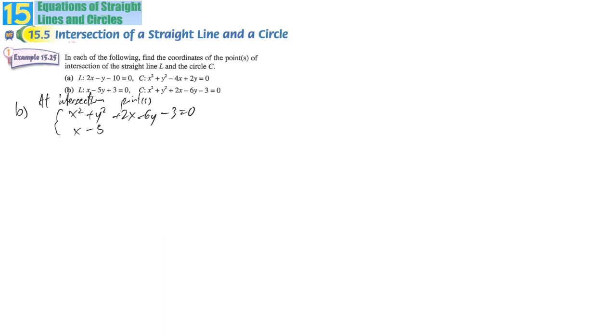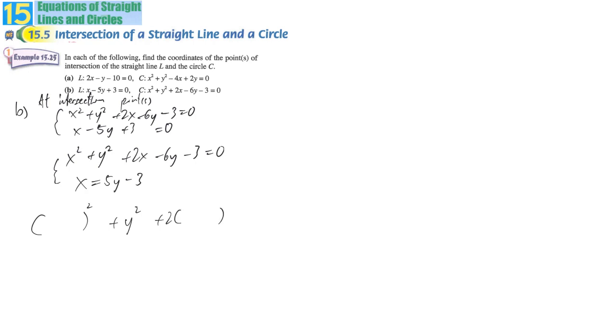At the same time, fulfill the straight line requirement. Tidy up the straight line, we have x equal to 5y minus 3. So, going to replace x in terms of y. x replaced by 5y minus 3.